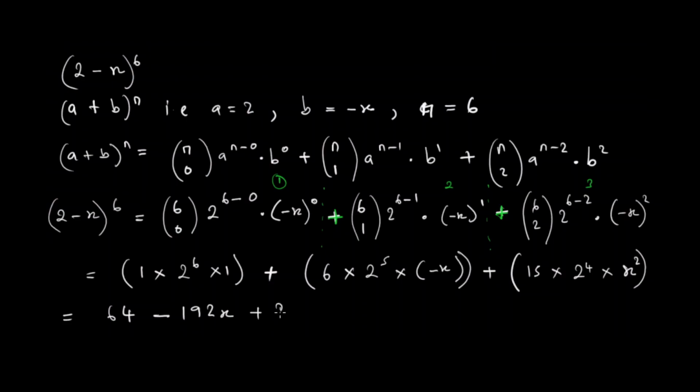So this is plus 240x squared. These are the first 3 terms as asked and tasked by our question. So this is the answer we get when doing a binomial expansion.